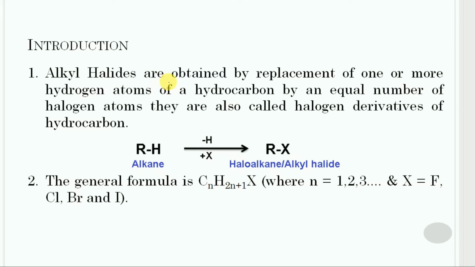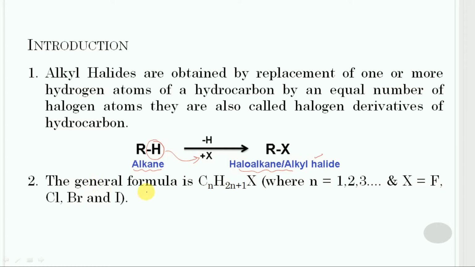Alkyl halides are obtained by replacement of one or more hydrogen atoms of a hydrocarbon by an equal number of halogen atoms. They are also called halogen derivatives of hydrocarbon. In this case, one hydrogen from alkane is replaced with the halogen and haloalkane or alkyl halide will be formed.